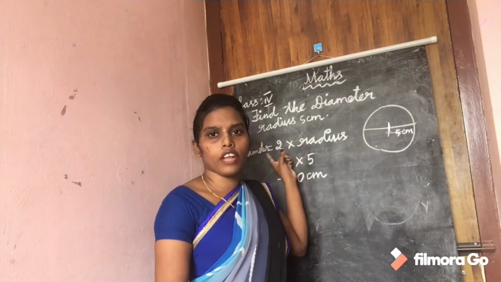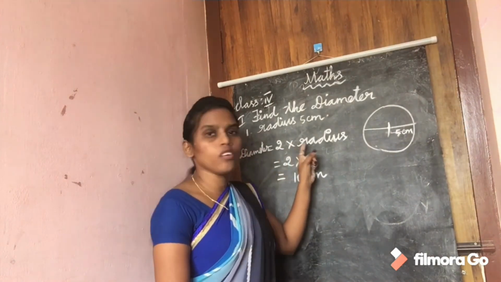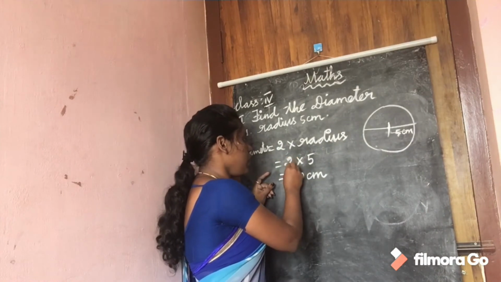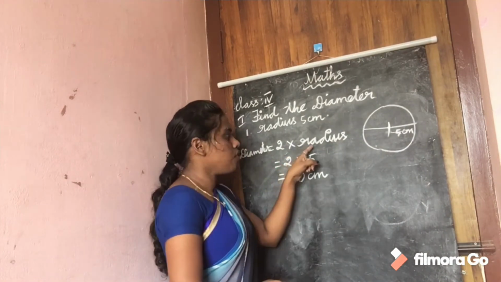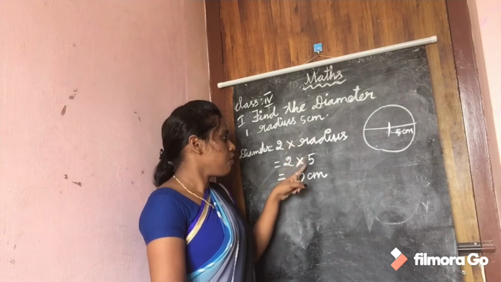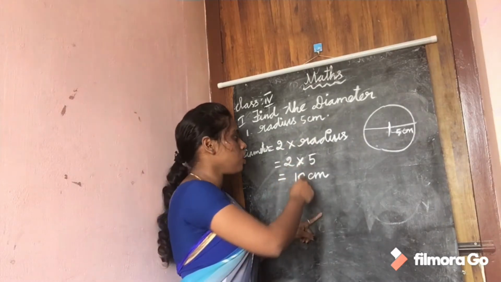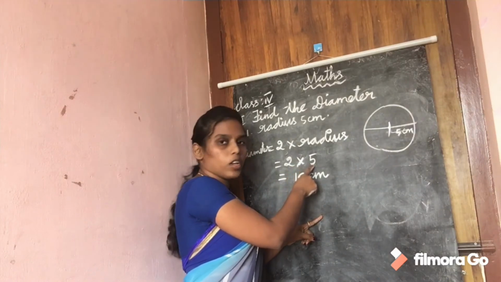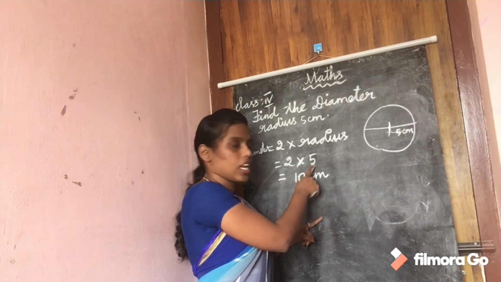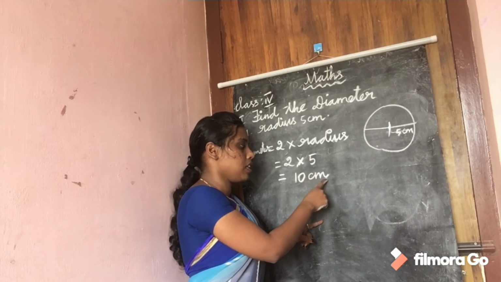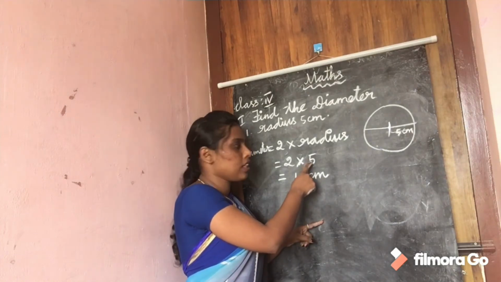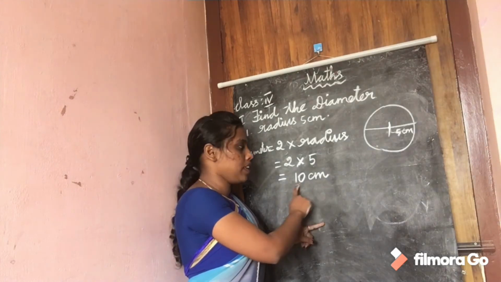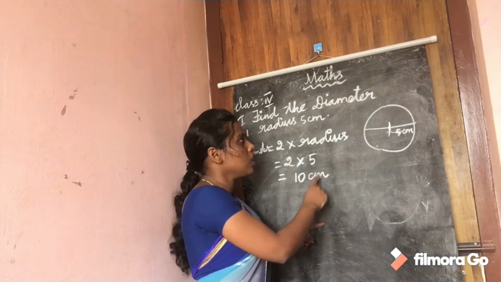I am writing 2 here, then into 5 centimeter. Now say the 5 table 2 times. 5 1s are 5, 5 2s are 10. So if you multiply the radius with 2, you will get the diameter of the circle. So 10 centimeter is the diameter.